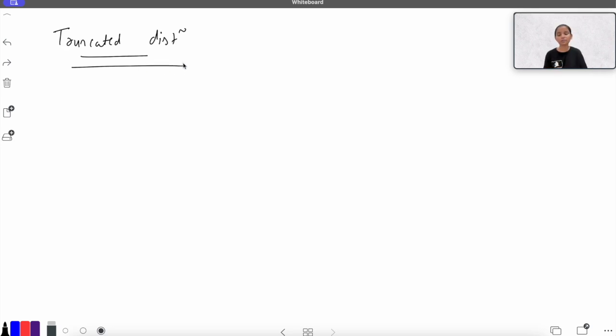What is this concept of truncated distribution? Then after this concept we will be discussing some basic properties, like what is conditional expectation, all these concepts. Then we will come to the main concept. These are all the basic concepts that we are covering till now.